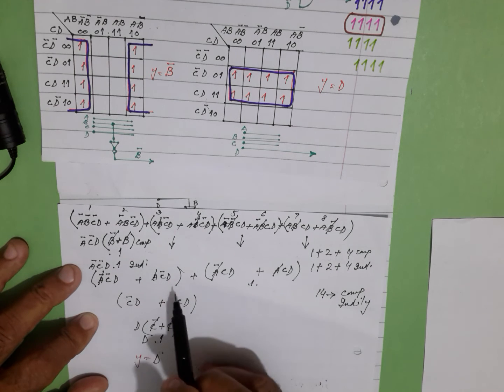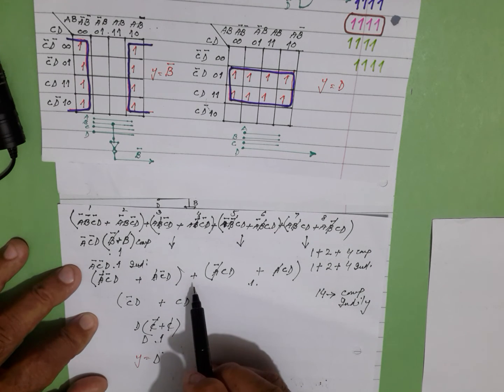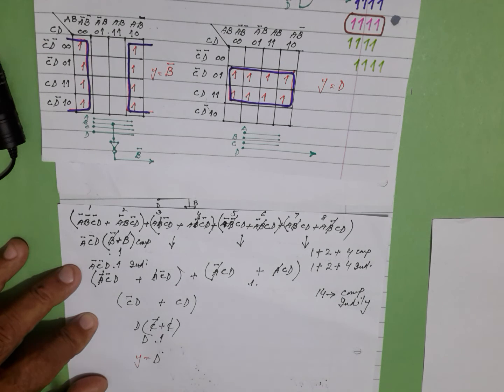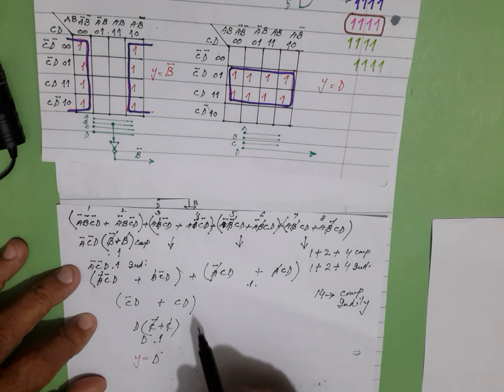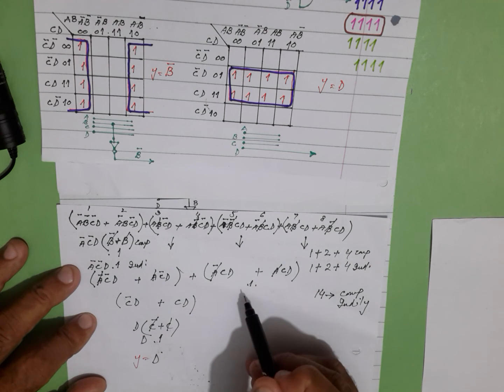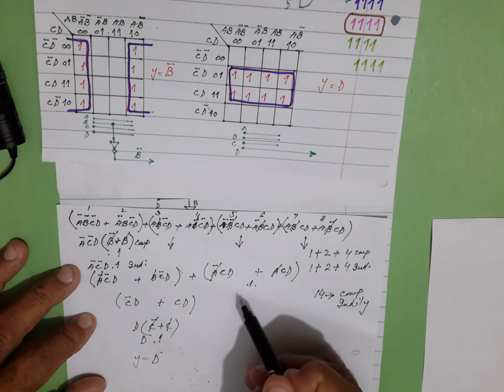We have reached the result by applying 14 Boolean laws, and then we concluded that no logic gate is needed. We spent a lot of time and a lot of calculations applying Boolean laws 14 times.